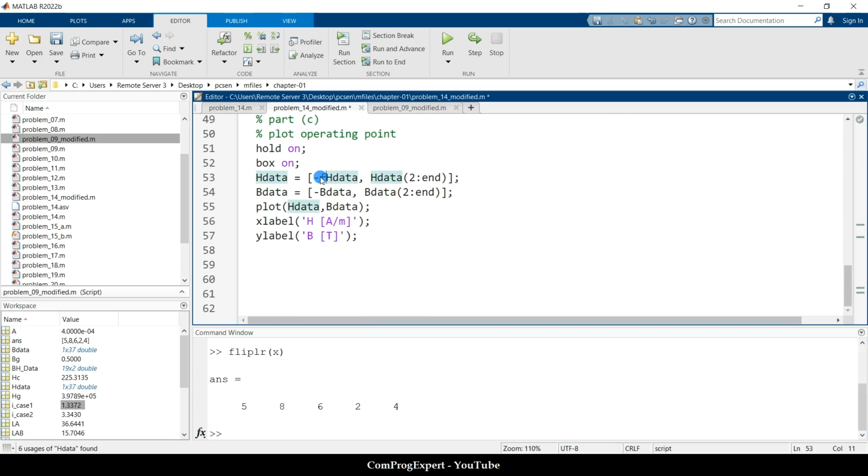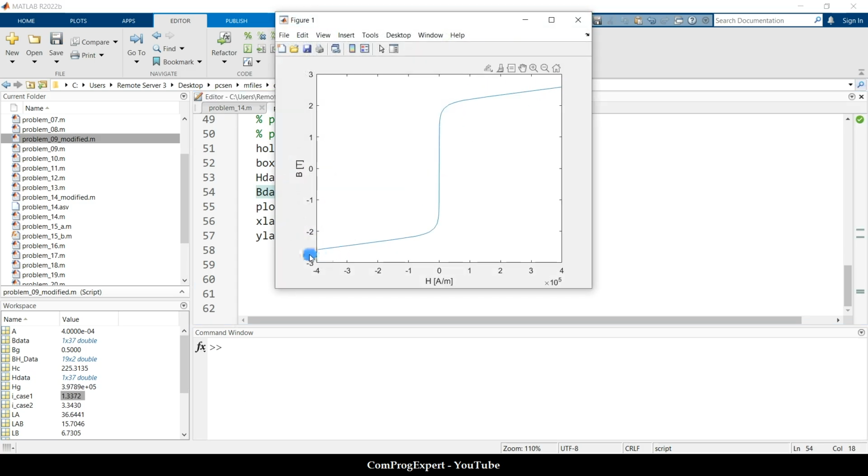So this is flip left right of the H data, and the same thing for the B data to construct this side of the curve. So I need information for both sides of the normal magnetization curve.